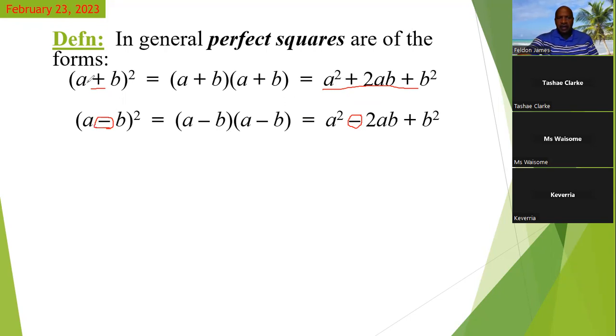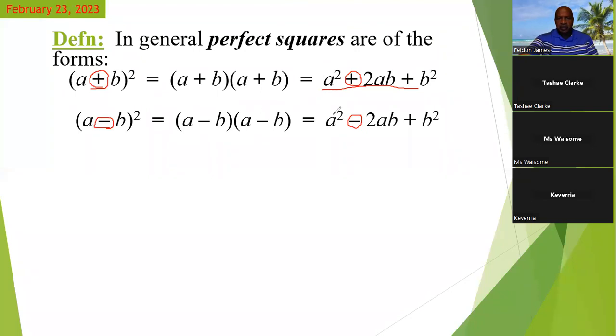And if you look above, it is the same thing. The sign of the middle term takes the same sign as the binomial. Everybody see that? Other than that, everything else would be similar.